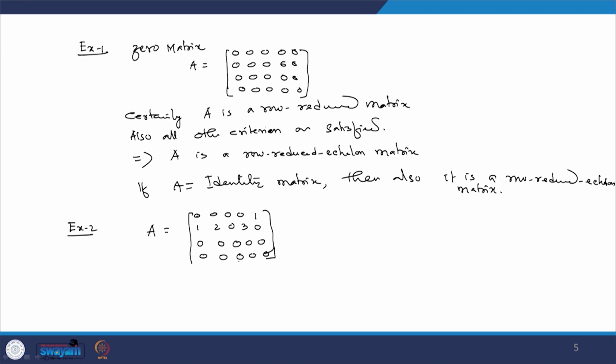Okay, so I have taken again a 4 cross 5 matrix. Let me check, does it satisfy the definition of my row reduced echelon form? Is it a row reduced matrix?